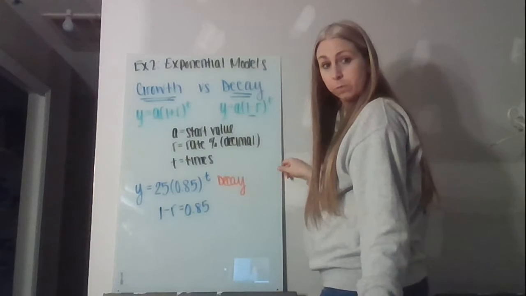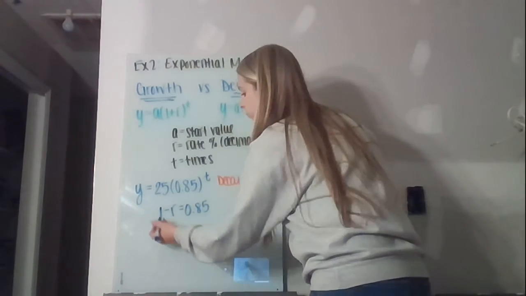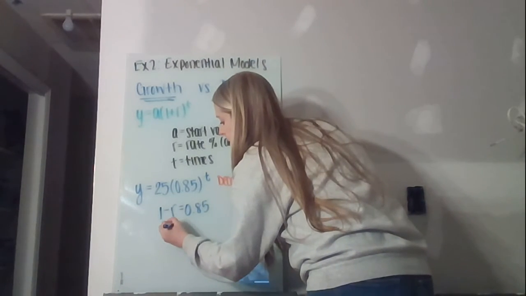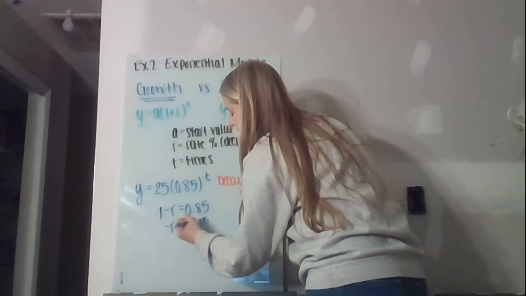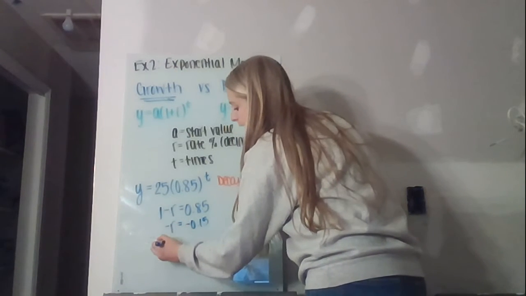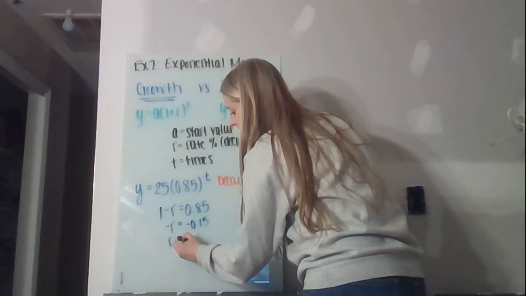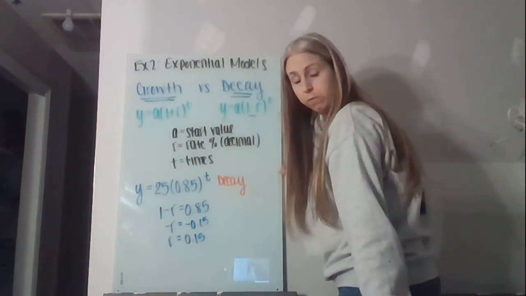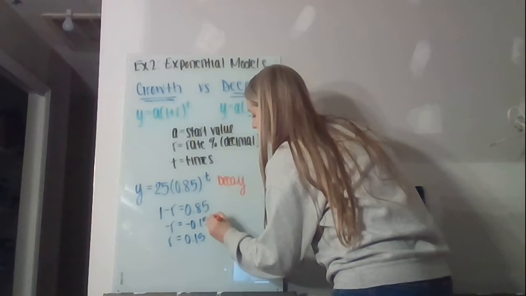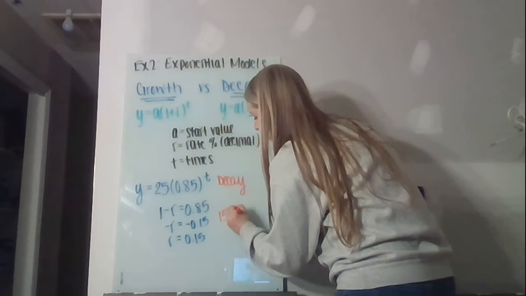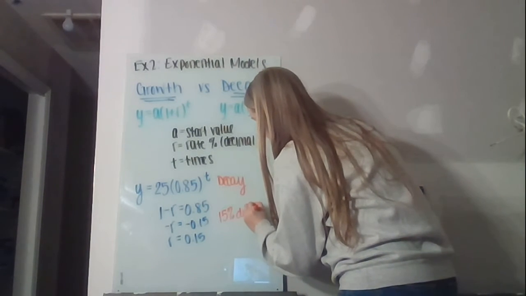And I'm going to solve for the rate. So I'm going to subtract 1. 0.85 minus 1 is negative 0.15. To get rid of that negative, I just divide by a negative. So that gives me 0.15, which is a 15% decrease.